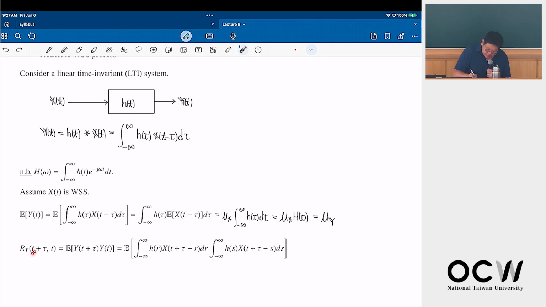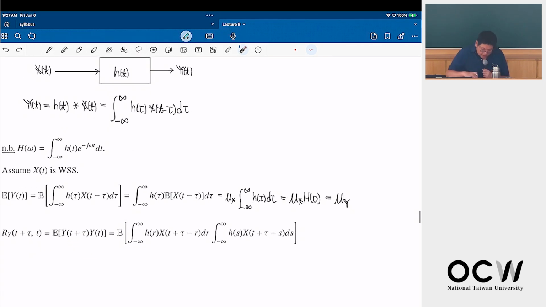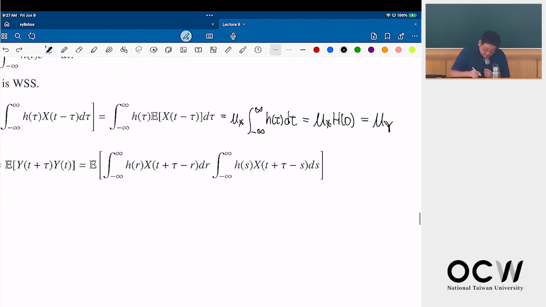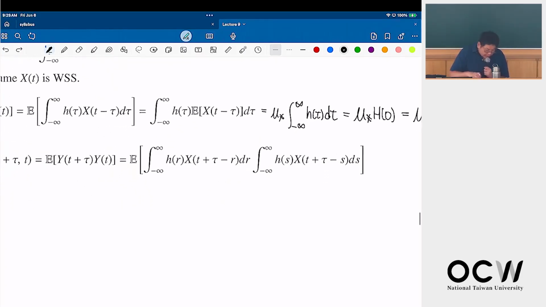Now t plus tau and t. So I still take the expectation for both. I have different dummy variables. Then let's combine it together. We can take the expectation inside the integral.